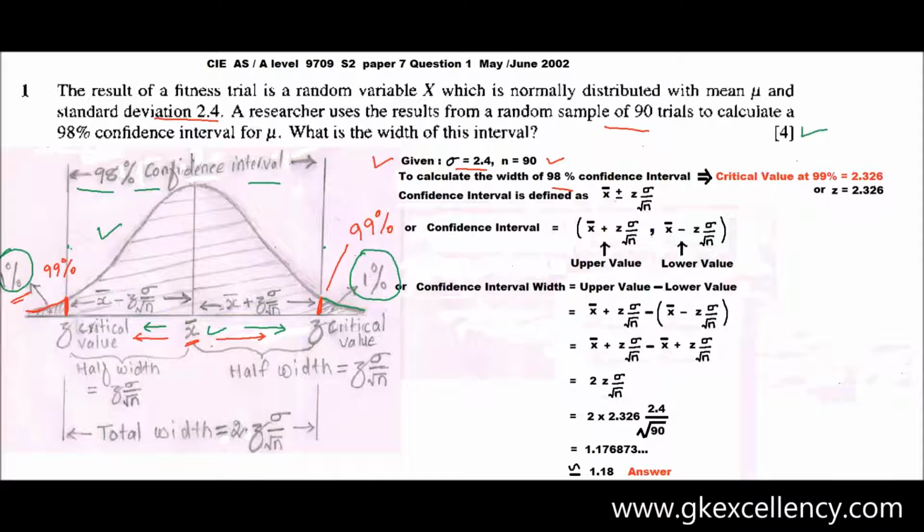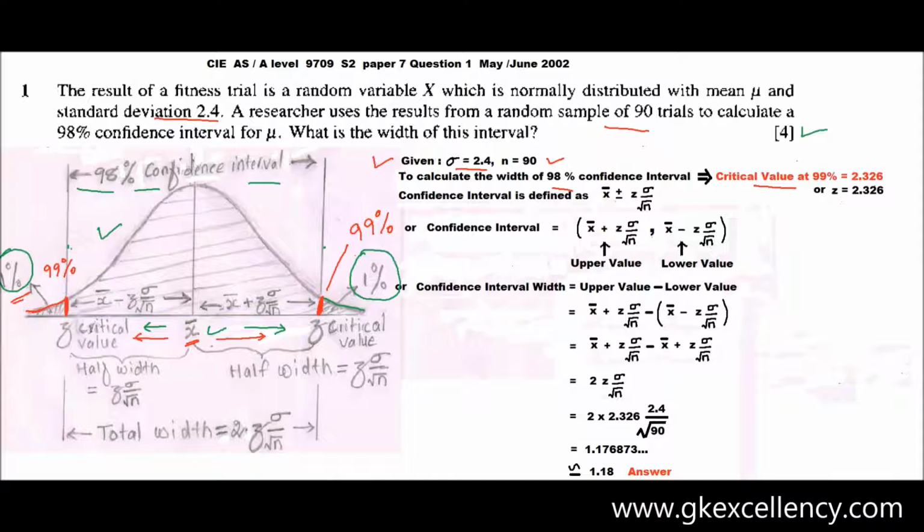This is my critical line, where I start my journey from here. This is known as the critical line or critical value. The critical value at 99% you have to calculate, which is 2.326, and you have to look this up in the table of the normal distribution.